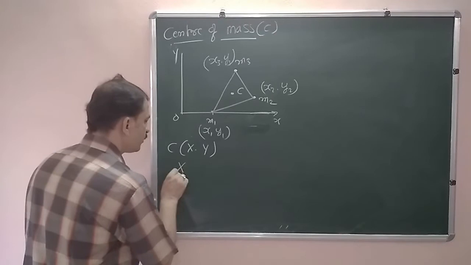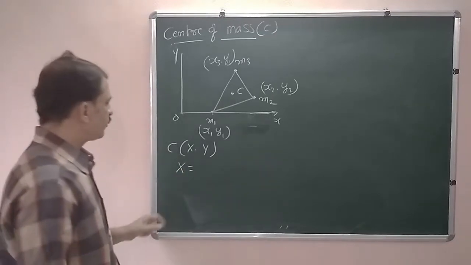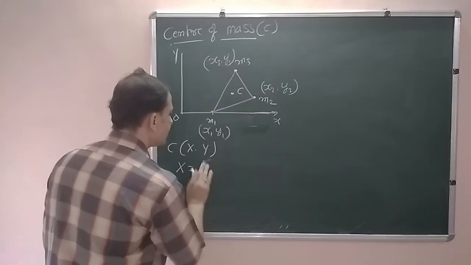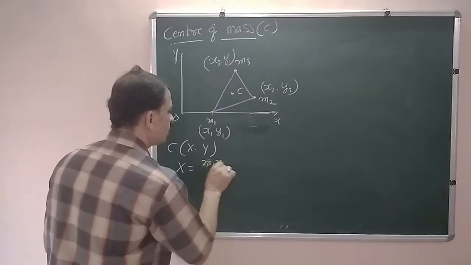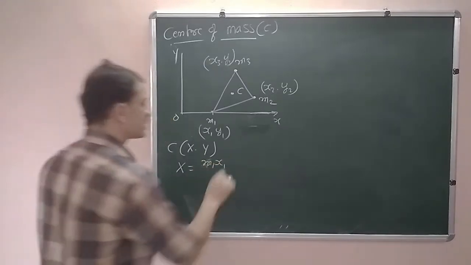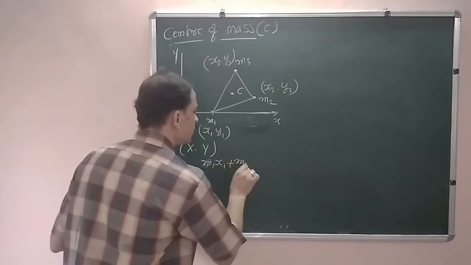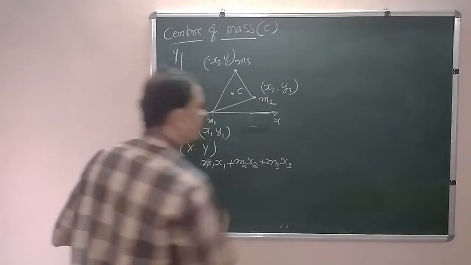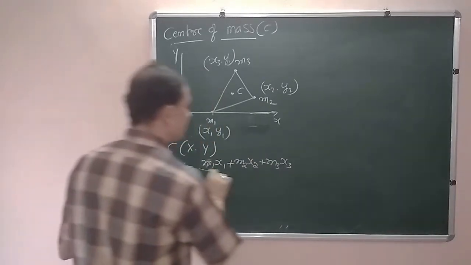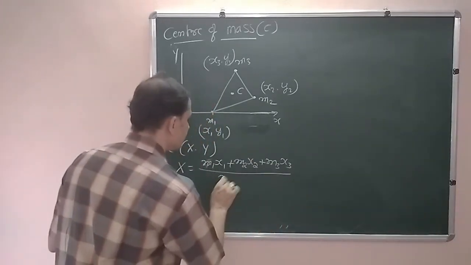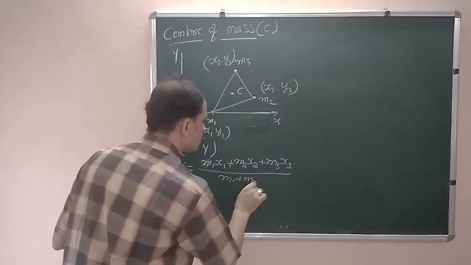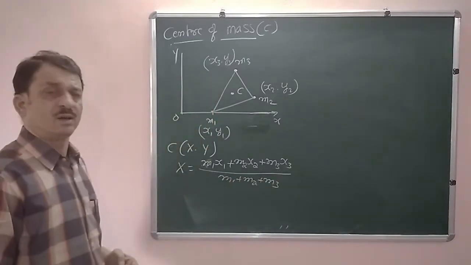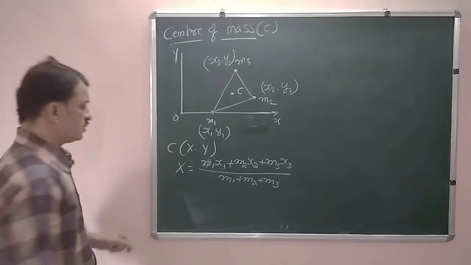Now the position of the center of mass, whose x coordinate is given by, as usual, m1 multiplied by x1 plus m2 x2 plus m3 x3, divided by m1 plus m2 plus m3. This is the x coordinate of the center of mass.